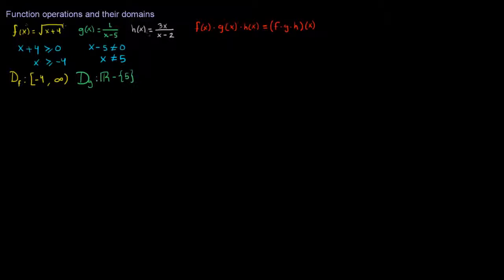Now I'm going to proceed with h of x, which is pretty much the same case as g. We have 3 times x in the denominator, but this actually places no restriction at all. The restriction would be this x minus 2 in the denominator, pretty much the same thing as g of x. I'm going to take the x minus 2 and make it different from 0.